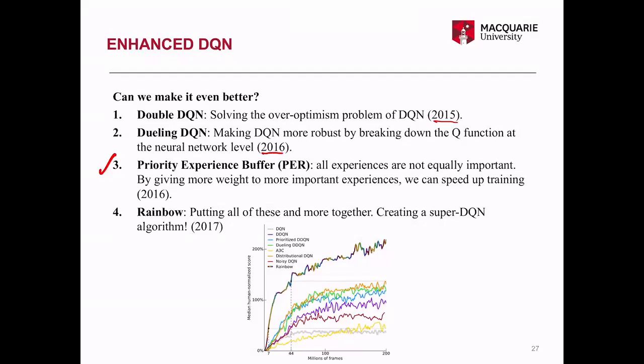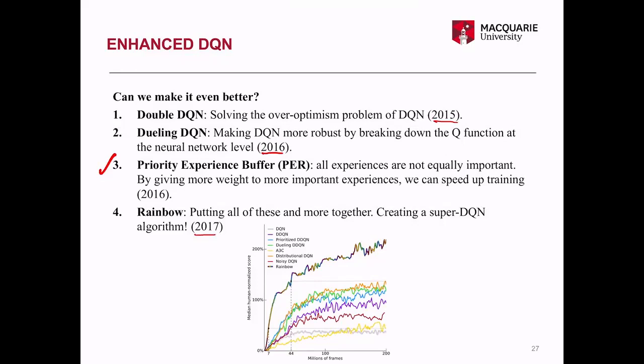Now the thing is, you don't remember everything equally. There are things that are more important and things that are trivial. So it's the idea of prioritized experience replay that all experiences are not equally important. By giving more weight to more important experiences, we can speed up training, and it helps the agent converge faster.